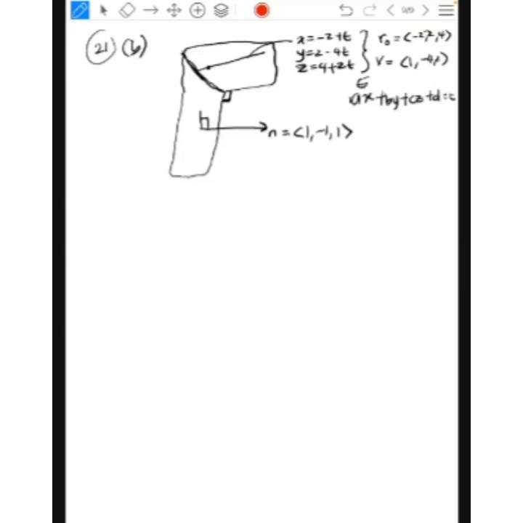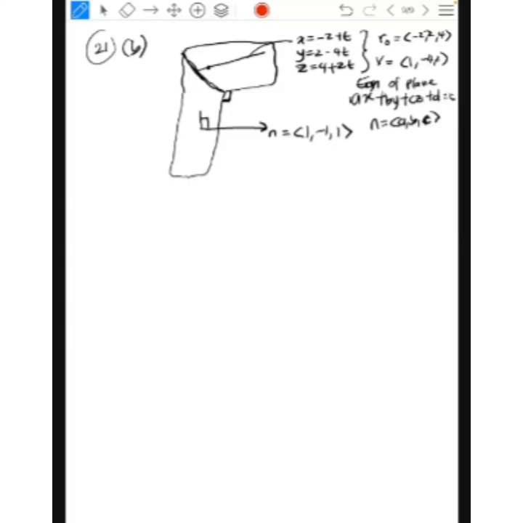This is the equation of plane. So from here, the normal vector n is a, b, c. We just read the constants for x, y, and z, which are a, b, and c. So a, b, c here is 1, negative 1, and 1.